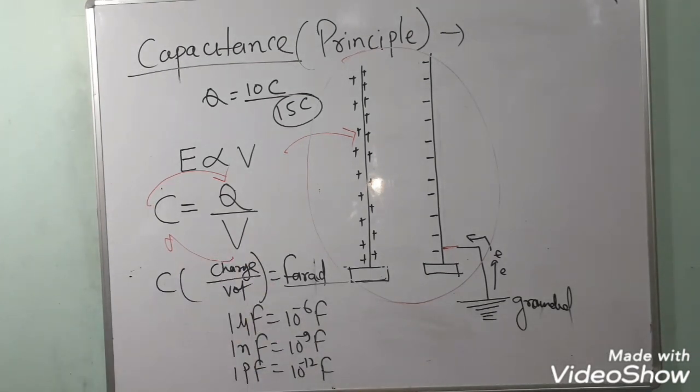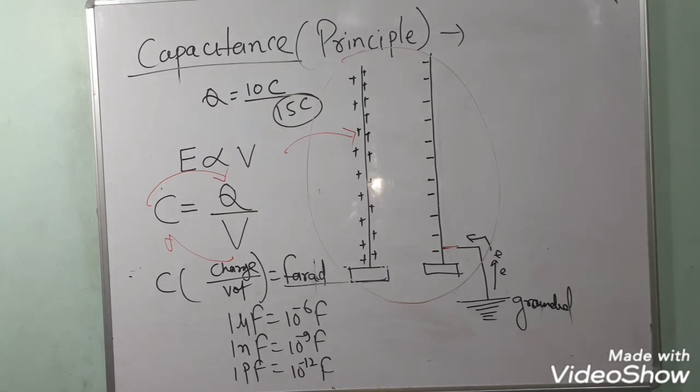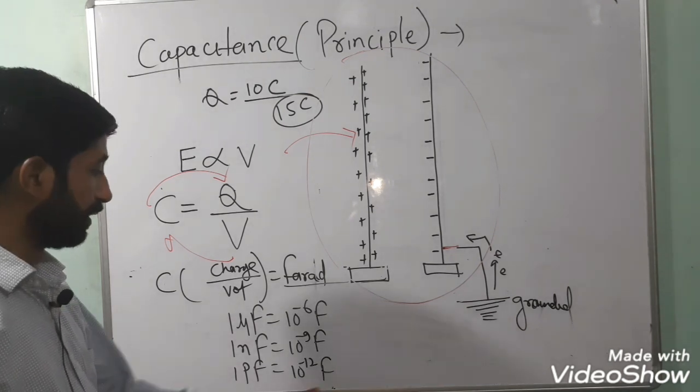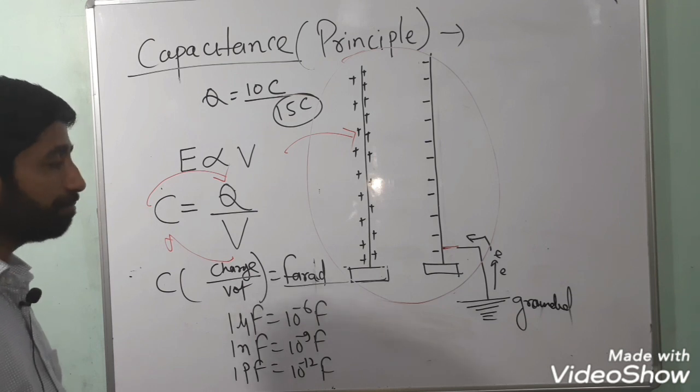These are the different units of the capacitance of any conductor. Okay, in this video we are discussing only up to the units and its different units. Okay, this is the SI unit.